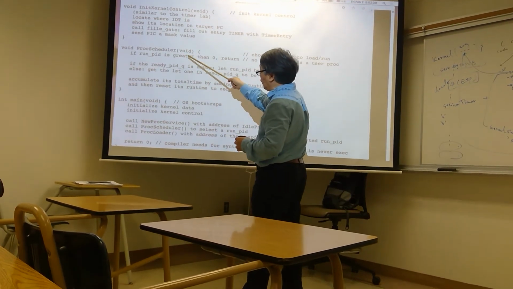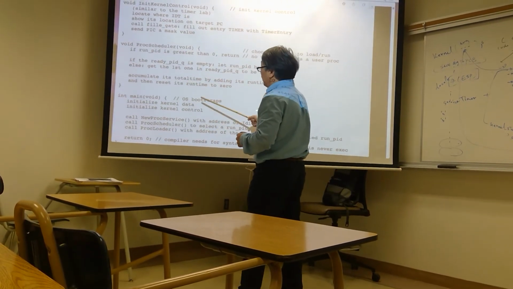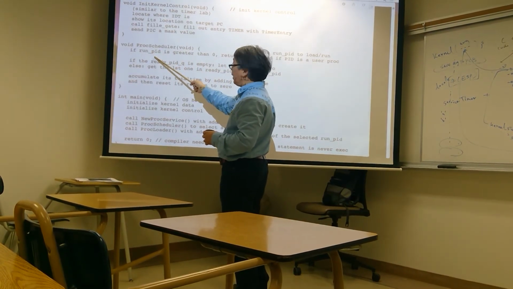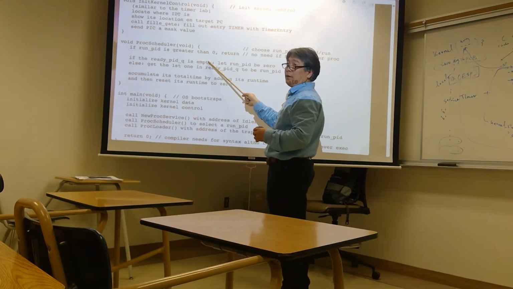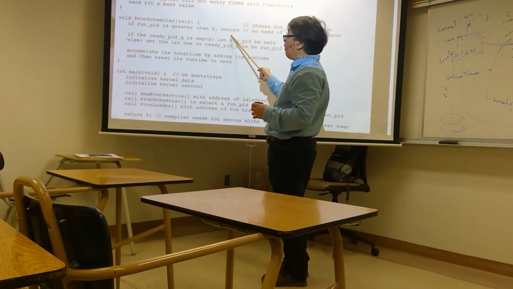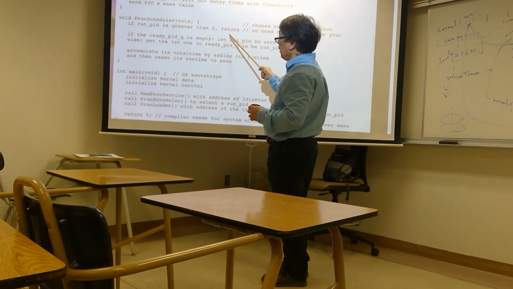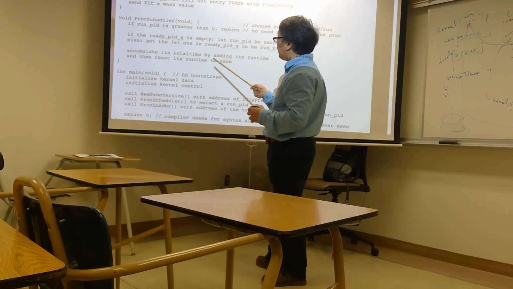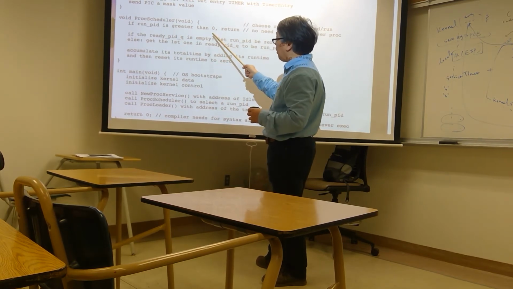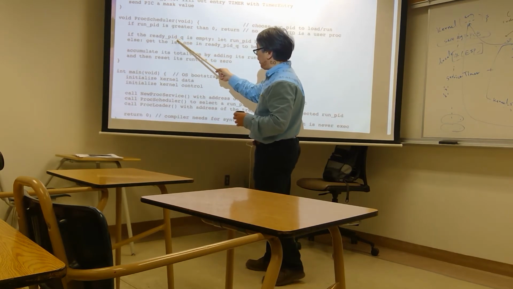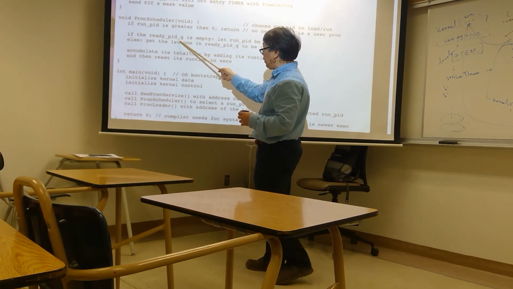And here, the scheduler logic is here. The process scheduler wants to set the running process ID. If it's greater than 0, if it's 1 or greater, return. There's no need to set. When run PID is not greater than 0, meaning if it's 0 or -1, initially it's -1, we need to set. We set it by picking from the ready PID queue.